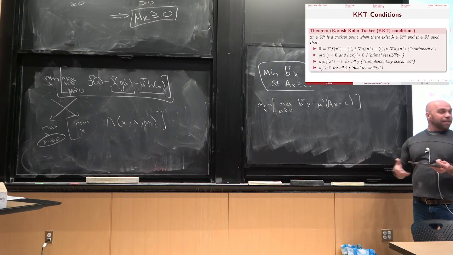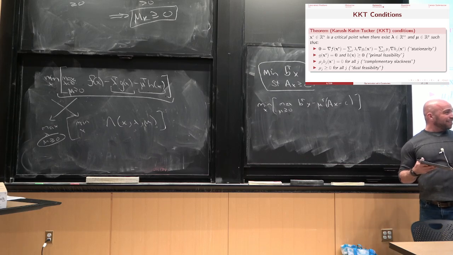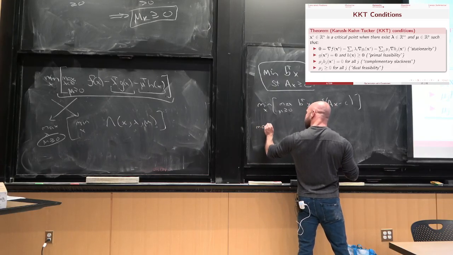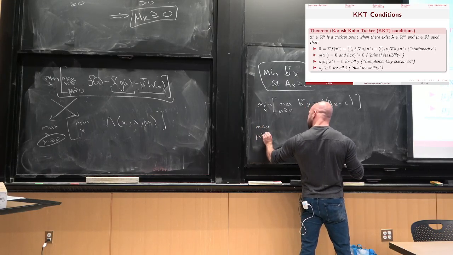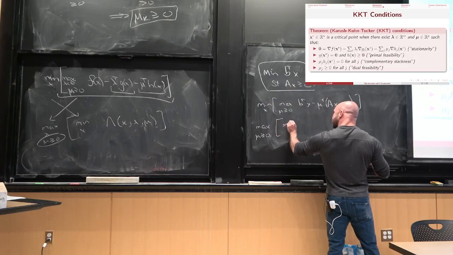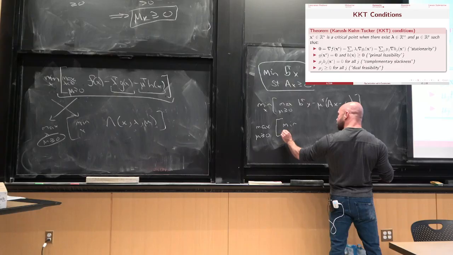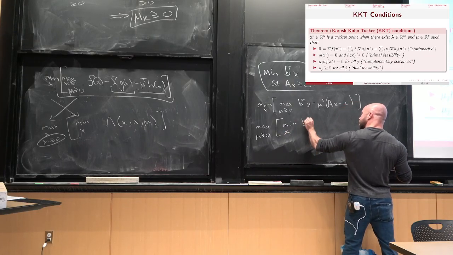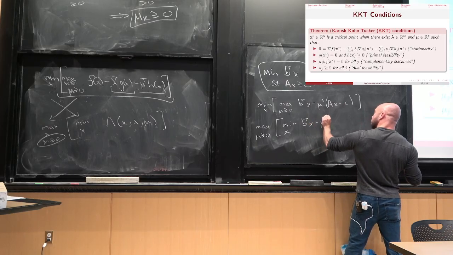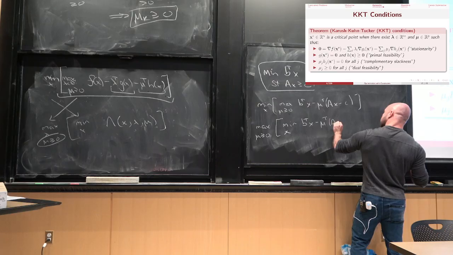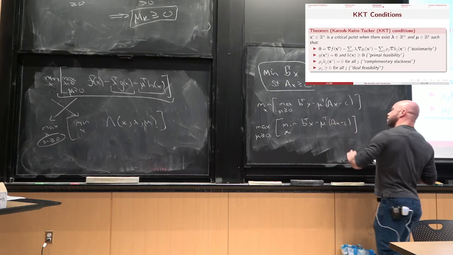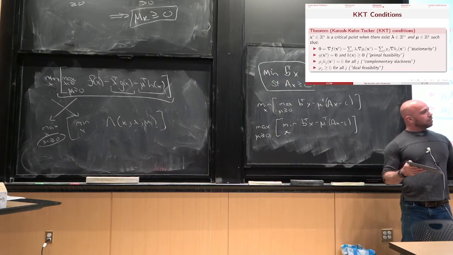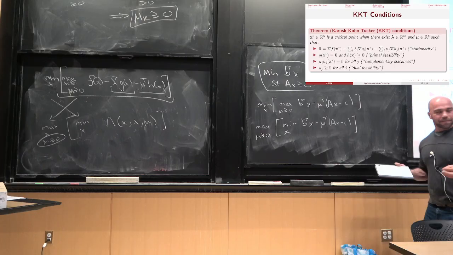So the dual to this problem just swaps the min and the max. In particular, here's what the other game player is doing. They maximize with respect to positive mu the min over x of b dot product x minus mu dot product Ax minus c. Now, so far this doesn't feel particularly exciting, but let's rearrange this expression ever so slightly.